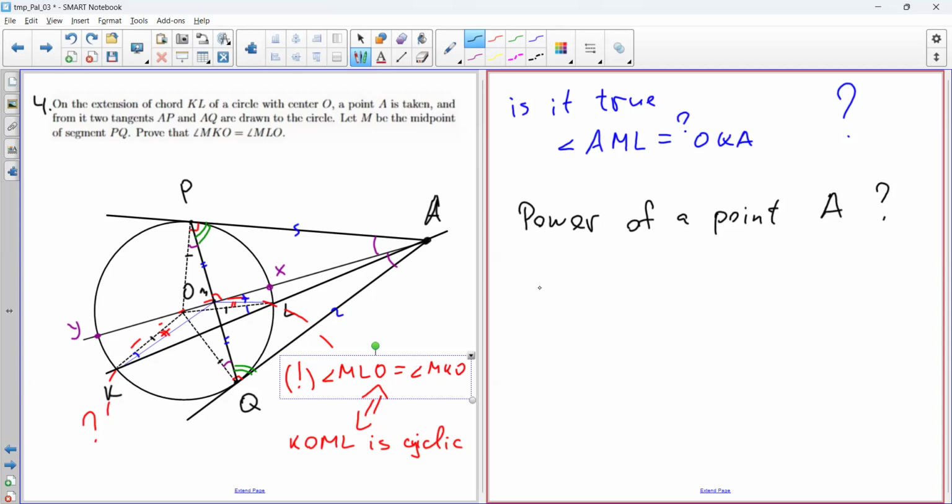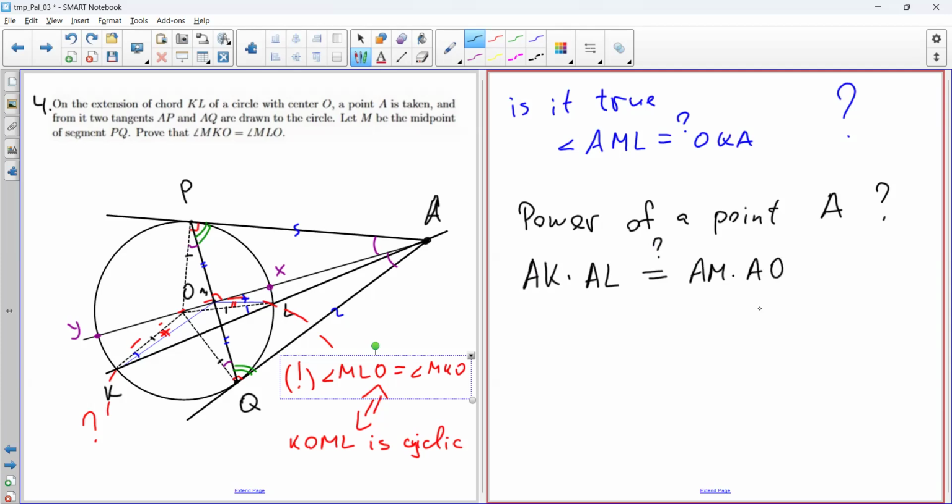So we know that the statement is equivalent to saying that AK times AL equals AM times AO.